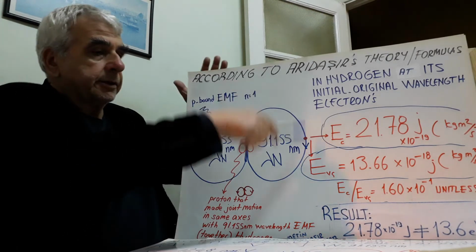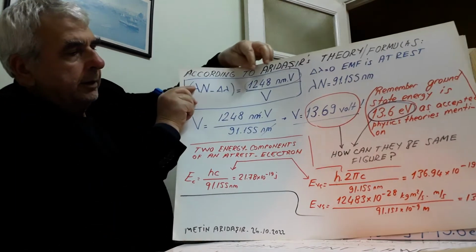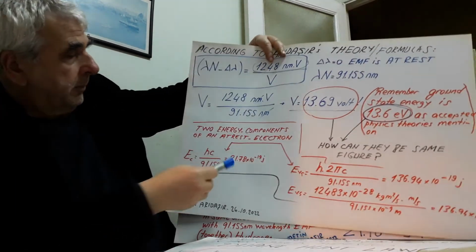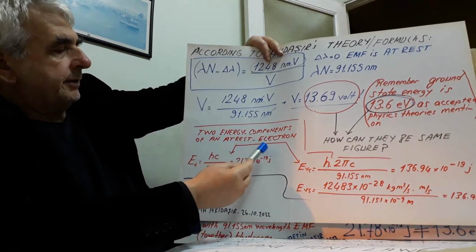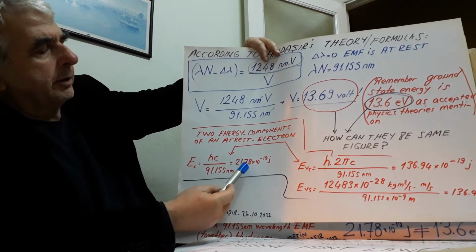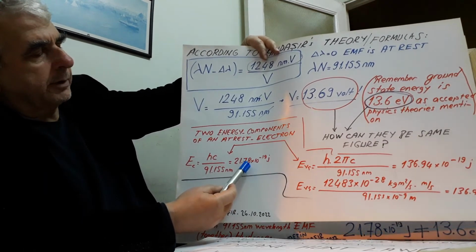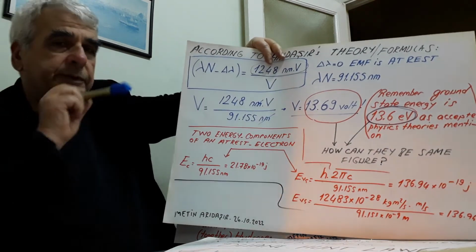Okay, these two components, remember. Then, here, two energy components of an at rest electron. Left side here, approximately 21.8 10 to the minus 19 joule for C direction.